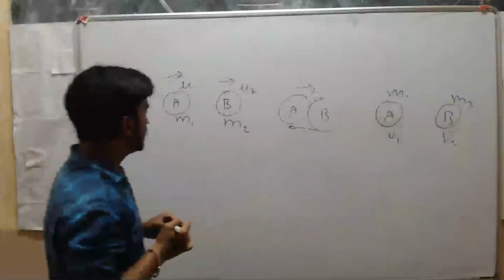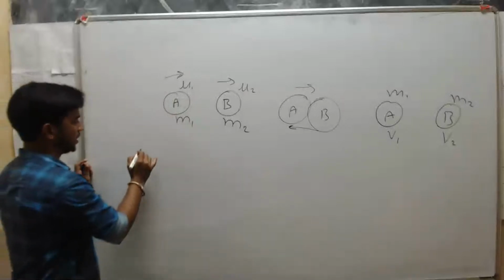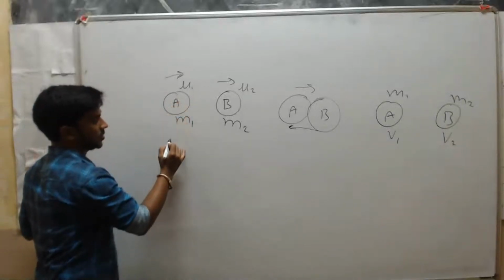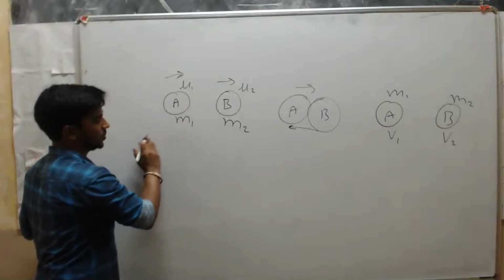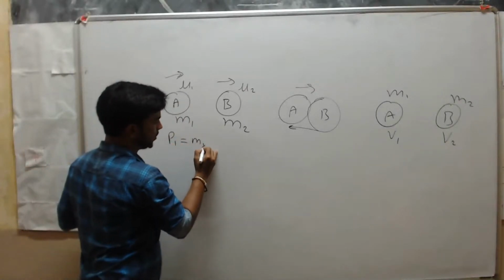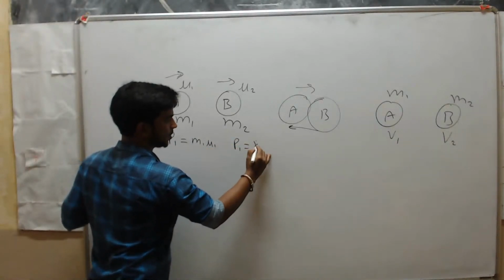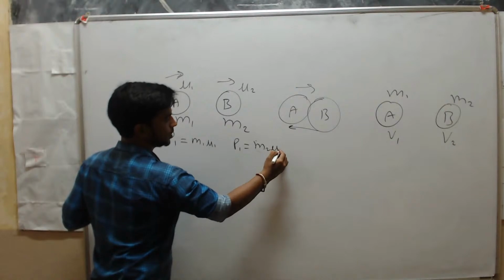Now first calculate the initial momentum of these two objects. First I'll take the momentum of this object as P1, which is M1 into U1, and P2 equal to M2 into U2.